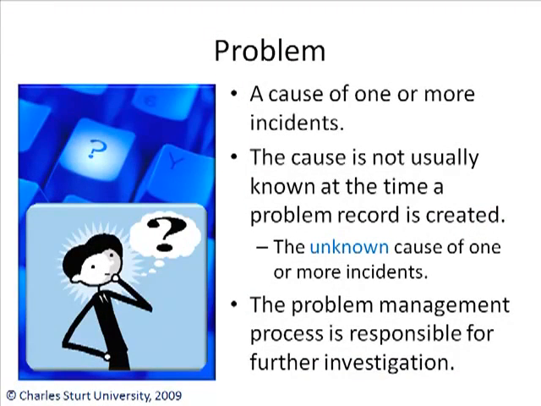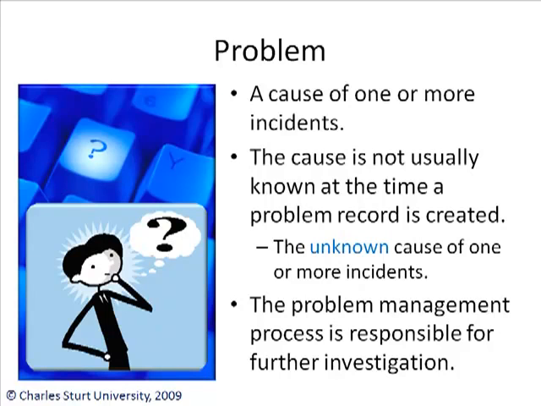So, what does ITIL say about a problem? What's the definition of a problem according to ITIL? Well, they say a problem is a cause of one or more incidents. They also say the cause is not usually known at the time a problem record is created.